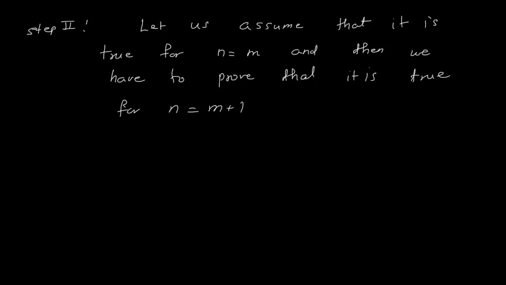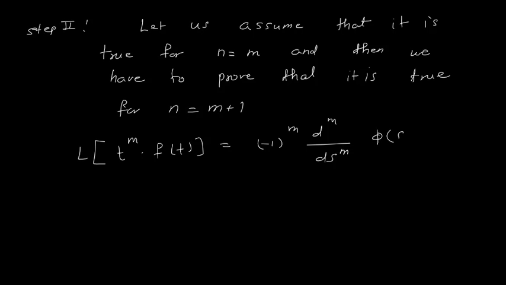Okay, so we assume that it is true for n is equal to m, that is Laplace of t power m into f of t is equal to minus 1 power m into d power m upon ds power m into phi of s.